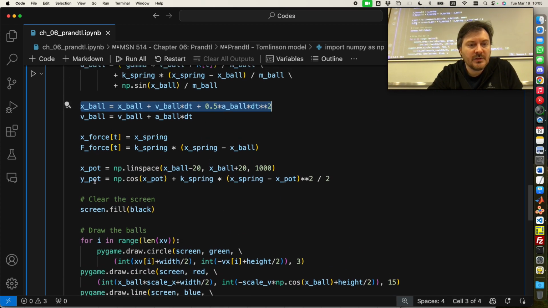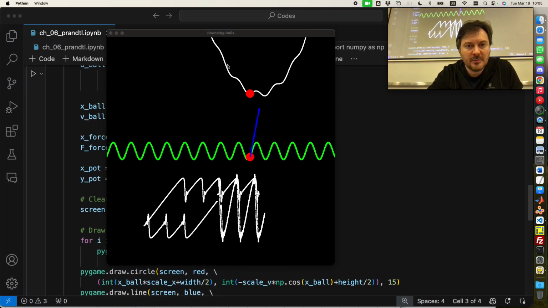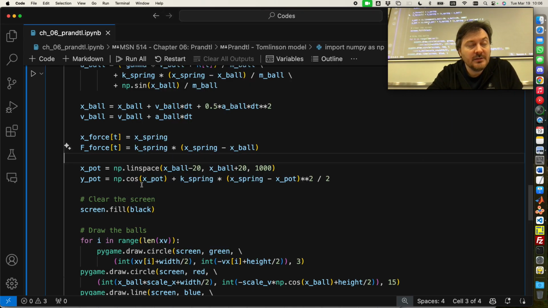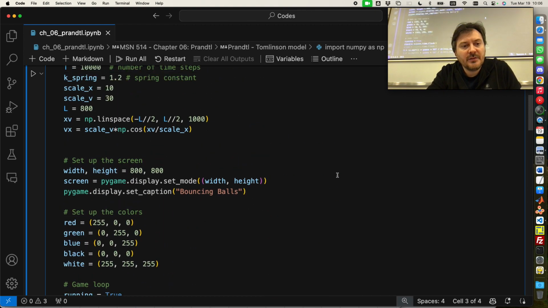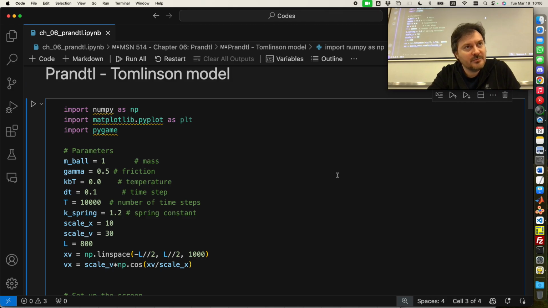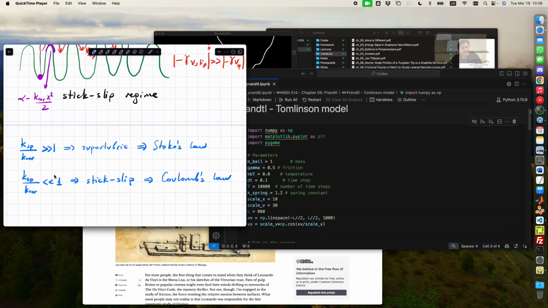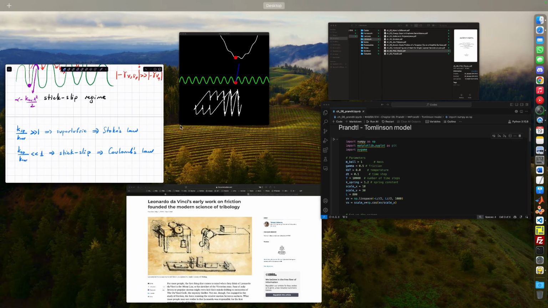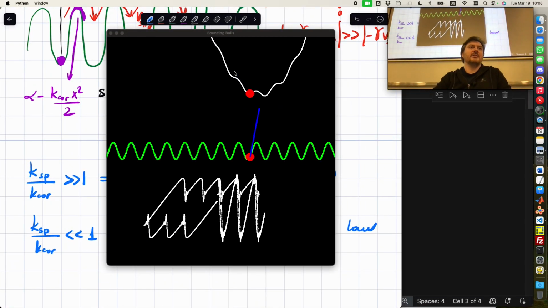And how do I plot the total potential, I mean this white part? That's cosine plus the spring potential. Very simple code, very simple concept, but this one explains why we have friction independent of velocity, mostly.